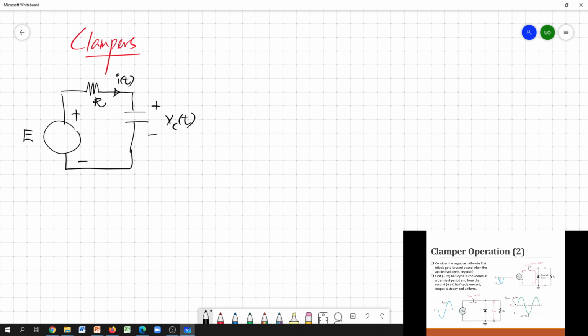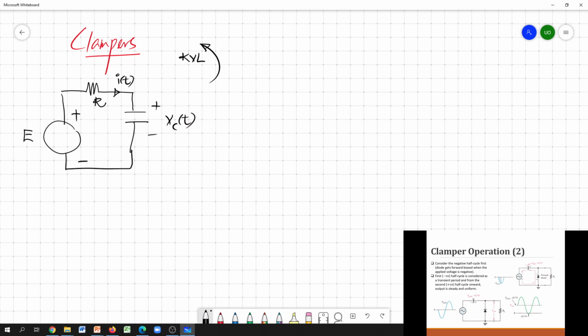Before we explain the behavior, we'll try to get a very simple equation. So just apply Kirchhoff voltage law for this particular circuit. Let's assume the current flow through the circuit is I(t). For the time being, let's assume it's time dependent.